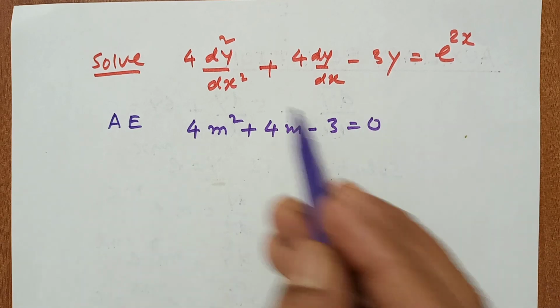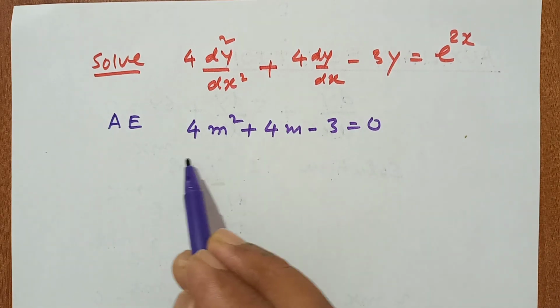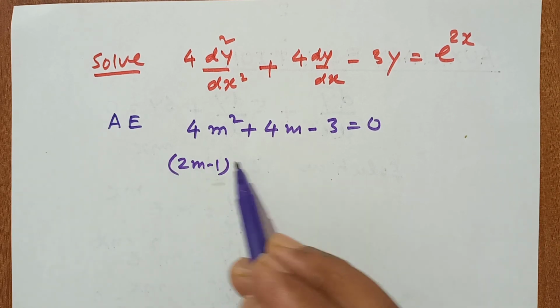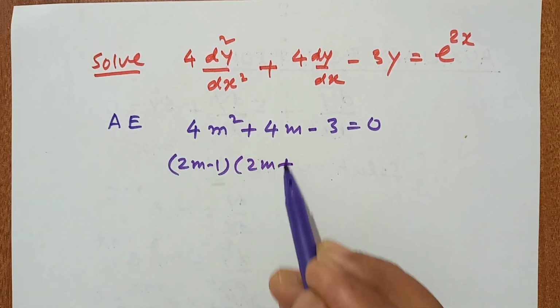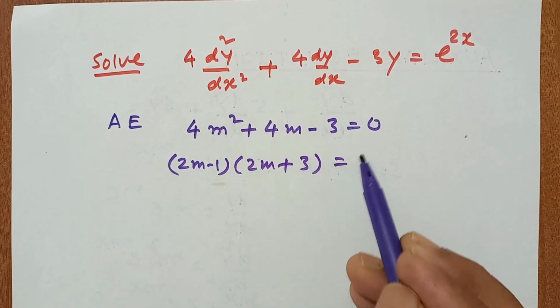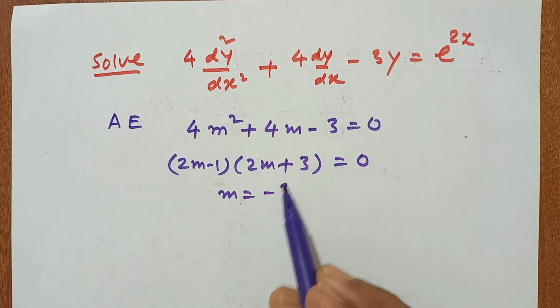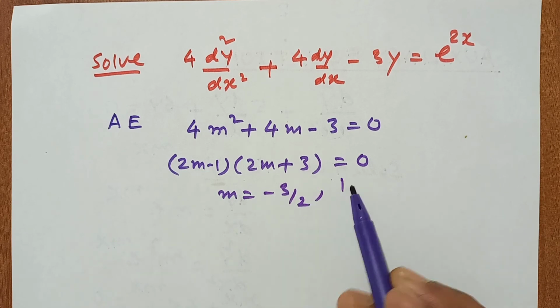Okay, this is very easy to factorize: 2m minus 1 and 2m plus 3 equal to 0. So here m is equal to minus 3 by 2 and 1 by 2.